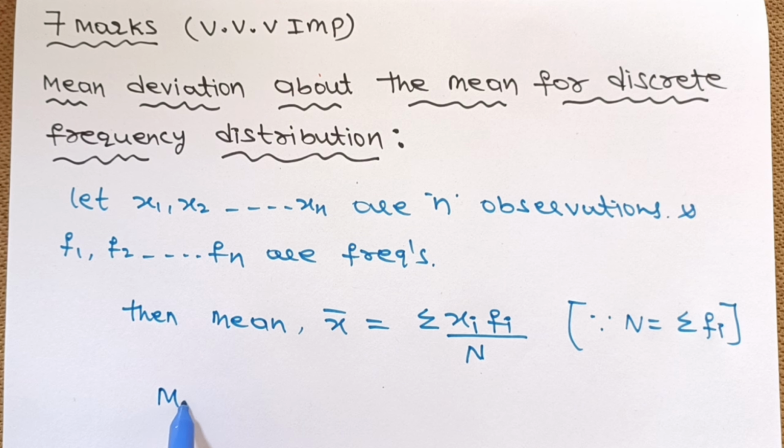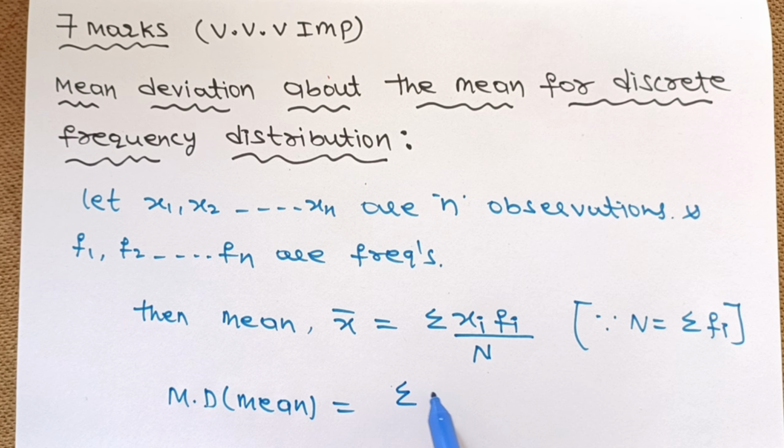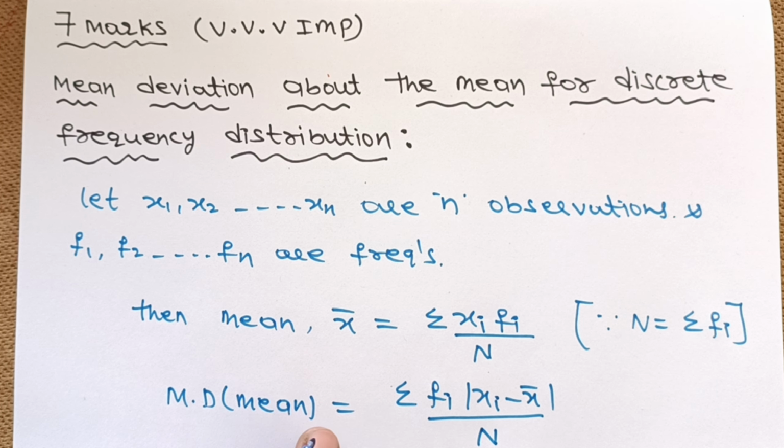Next, mean deviation about the mean. The formula is sigma fi into modulus of xi minus x bar, divided by n. So this is the mean deviation about the mean. Based on this we have a few 7 marks questions, so next we will discuss problems on this concept.